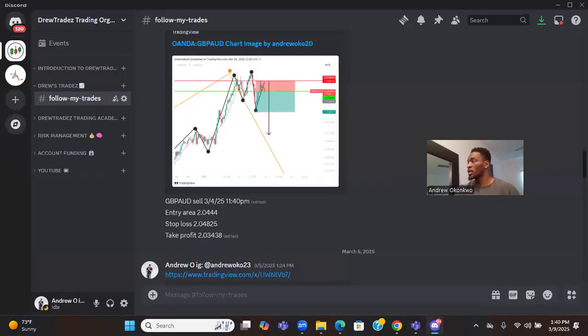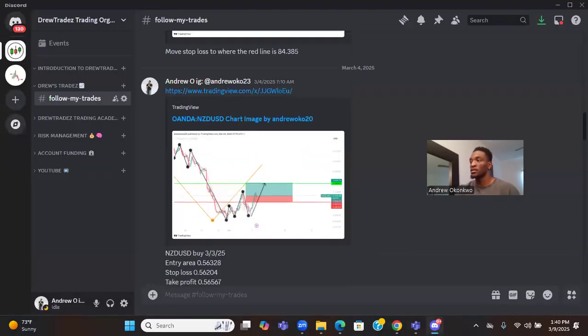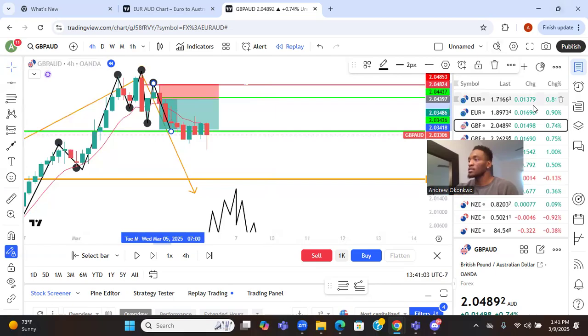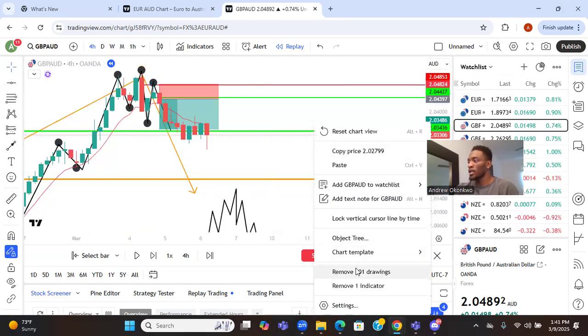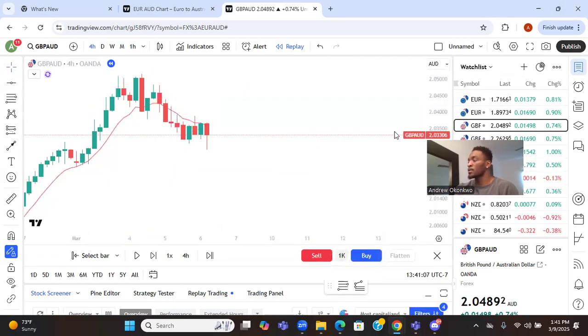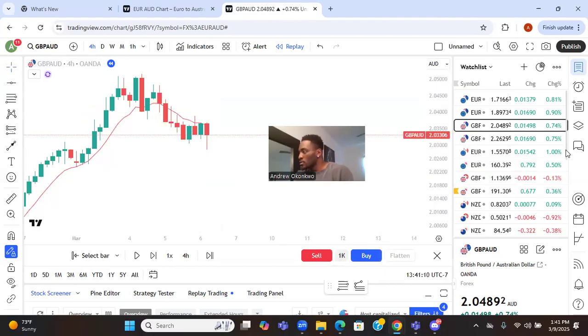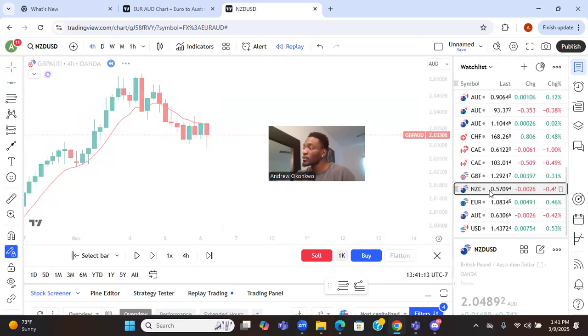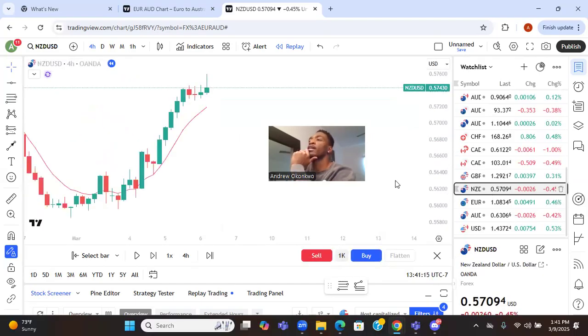Let's start out with NZDUSD. Right, NZDUSD. Let's look at this. Let's see what we were looking at with this during that time. NZDUSD.